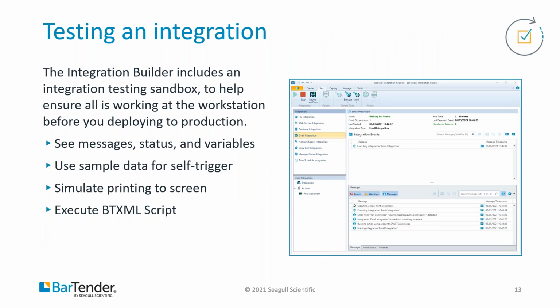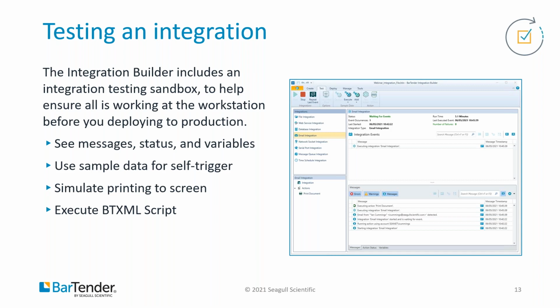Once the integration is built, you can use the incorporated sandbox of the integration builder to test your integration. So you just switch over to the test tab, start your testing, and then have an event message be sent to it in order to trigger the integration and monitor for results. In addition to this, you can, of course, view the messages, the status, and the value of the various variables running in your integration.